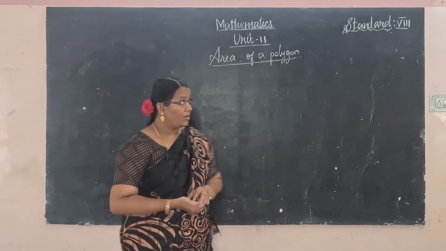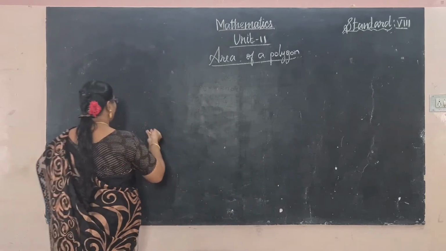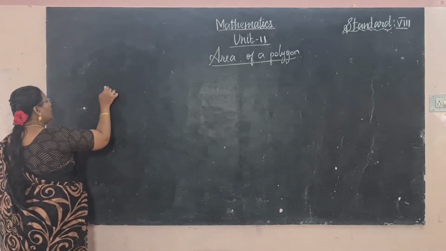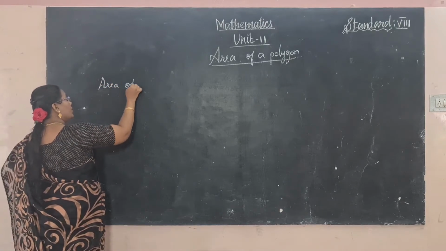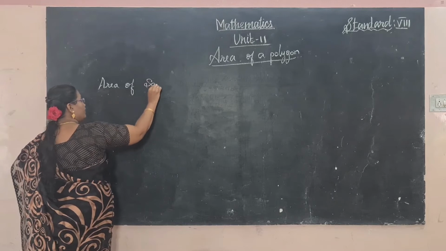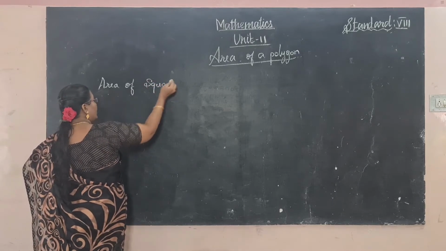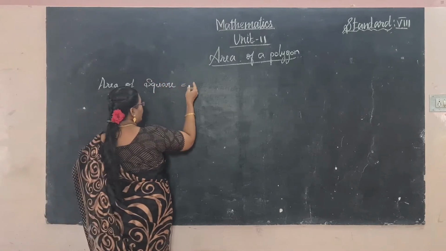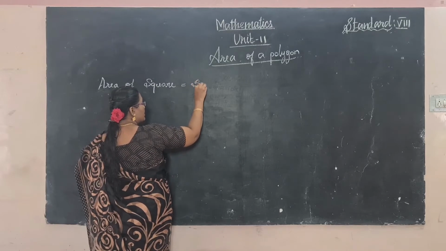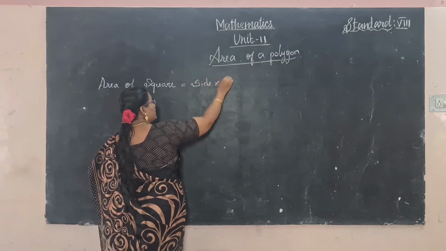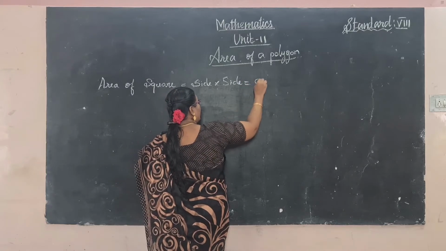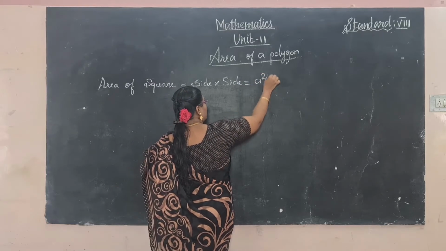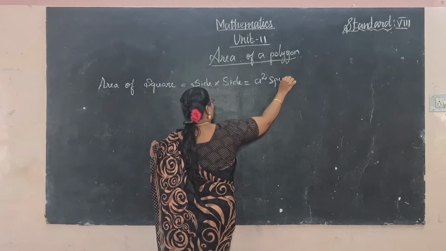Okay, now we start. First, recapitulate the area of the square. What is the formula? Area of the square means side into side. Side into side is equal to a square, square unit.